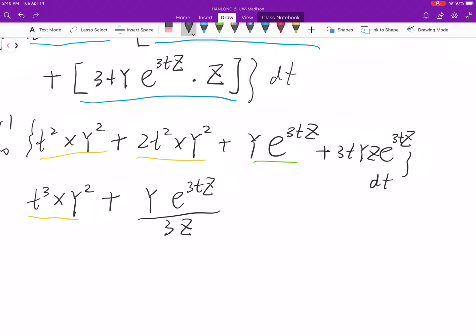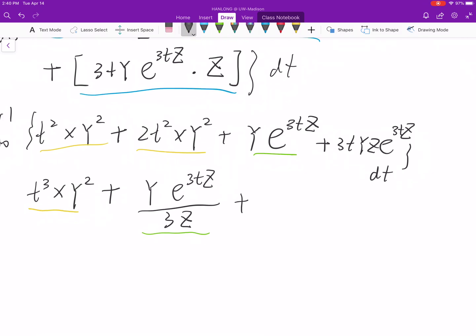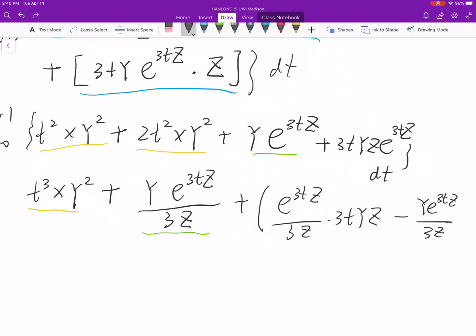And for the last one, remember you view capital Y, capital Z as constant. So this is an exponential function times a polynomial. By integration by parts, you can derive the following: e^(3tZ) divided by 3Z times 3tYZ minus Y e^(3tZ) divided by 3Z. I leave it to you to verify.